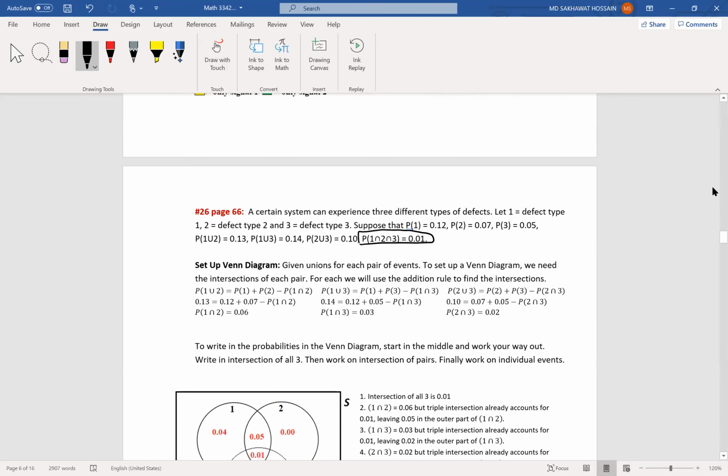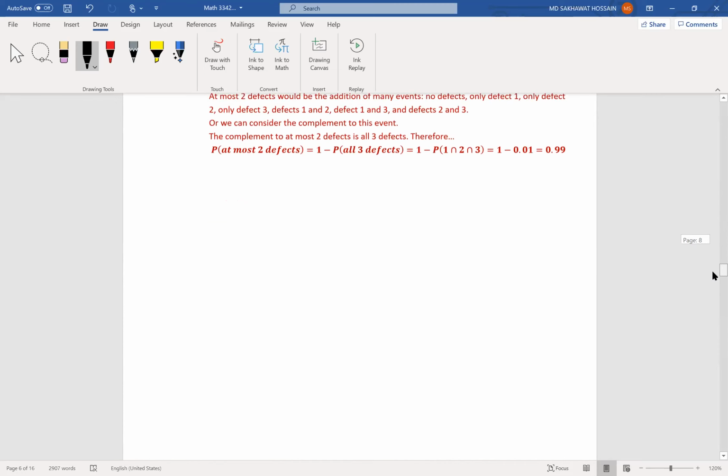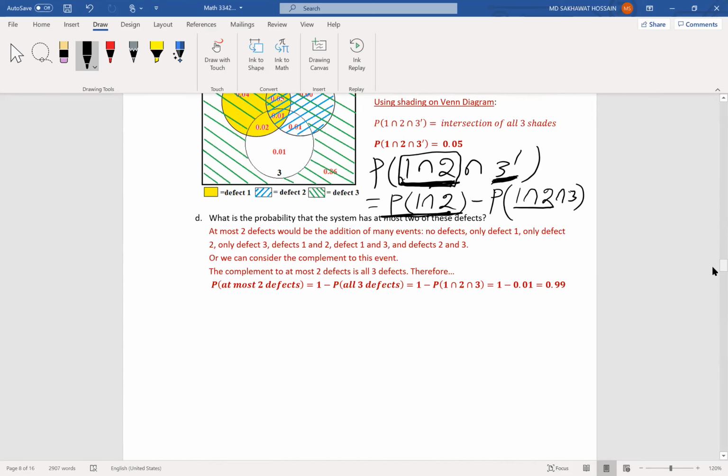So we know these two pieces of information, and the probability will be 0.06 minus 0.01, which will be 0.05. So you can use this formula or you can also use a Venn diagram, but constructing the Venn diagram for this one is a little tricky. So it's better to use the formula.